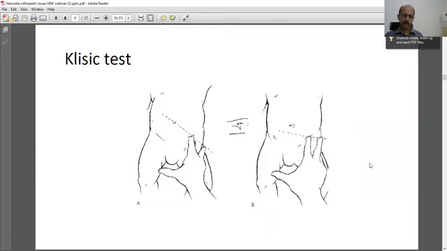Maybe we would have learned it with different names based on the eponyms, but what it means is, when you put a point at the greater trochanter and the anterior superior spine, and you join these two points and extend the line, if it crosses the umbilicus or above, then it's okay. But if it goes too much below the umbilicus, that means the greater trochanter is higher up and there is an amount of posterior subluxation or dislocation of the hip. So this line should pass through the umbilicus or above, but it should not go below the umbilicus.